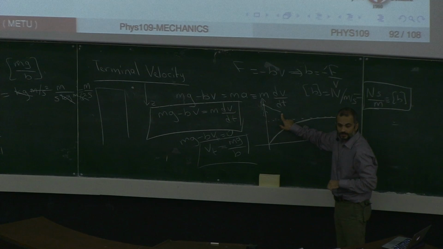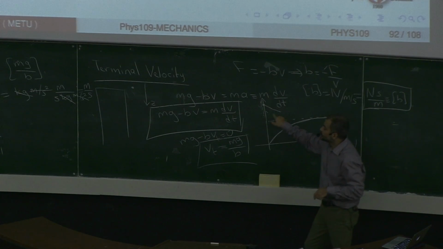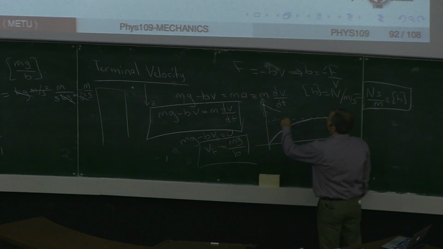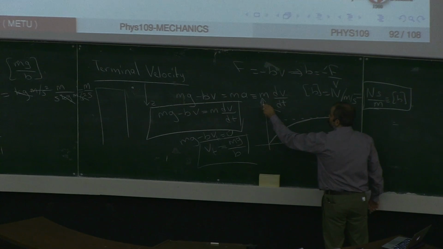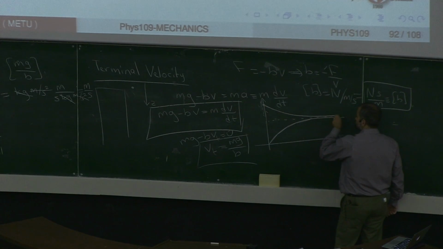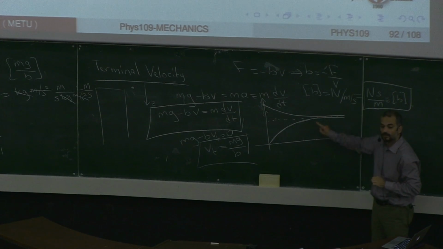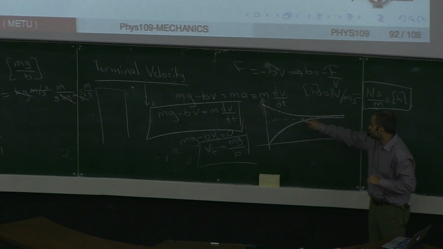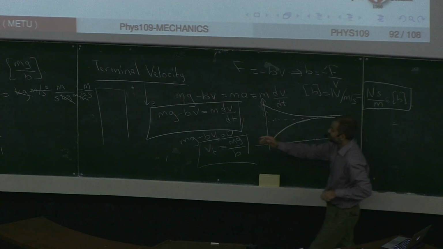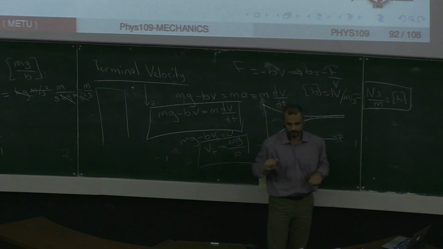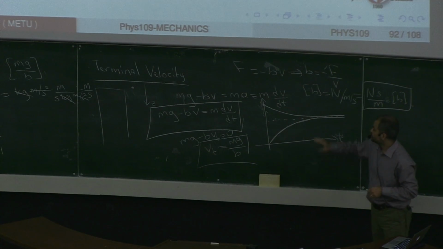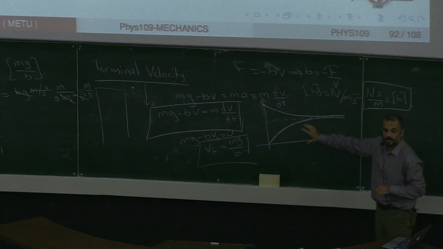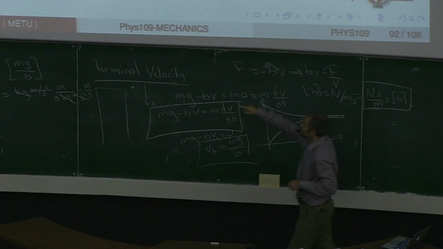It's still decelerating. Its speed will get closer to the terminal speed, but with even smaller acceleration. Again, it will not go below the terminal velocity, because once it reaches the terminal velocity, its speed will remain constant because the acceleration is 0 at the terminal velocity. So this is how the speed of my object behaves in the presence of a drag force.